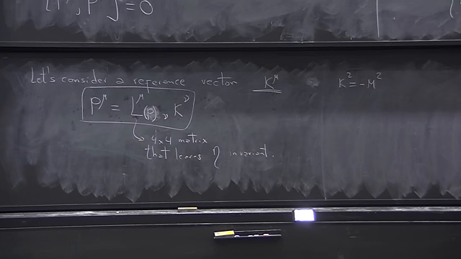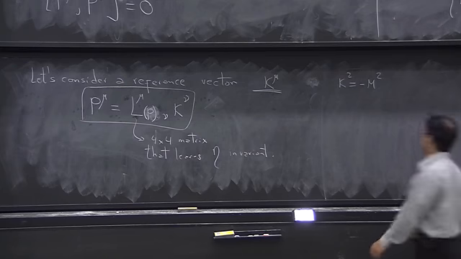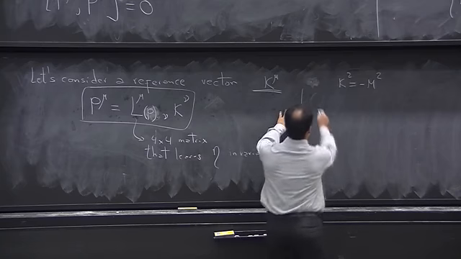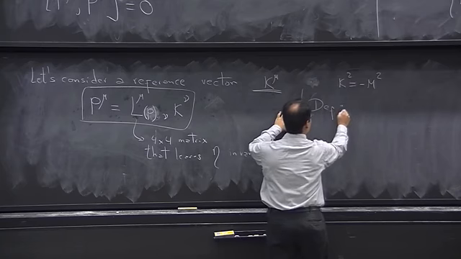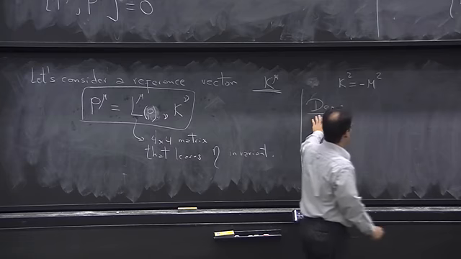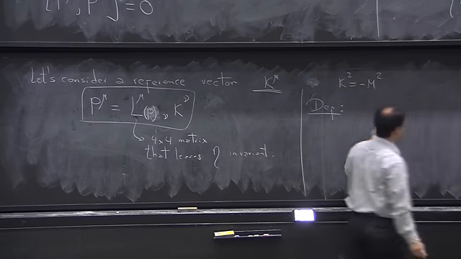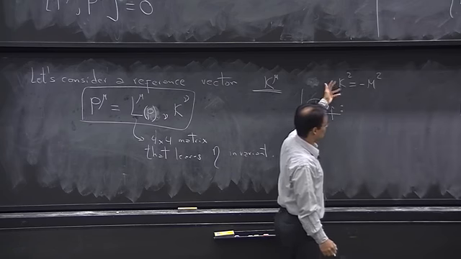So what do we want to do? Well, we want to make a definition. We want to start with our state k sigma. Okay? There will be a state related to this momentum.